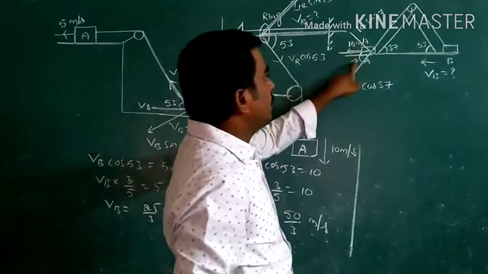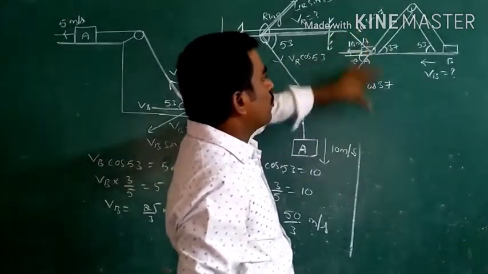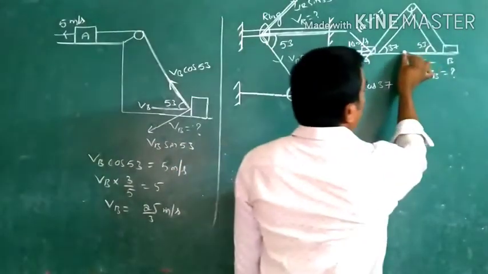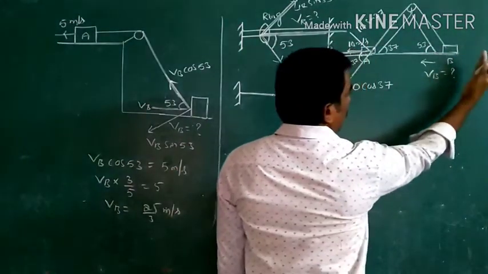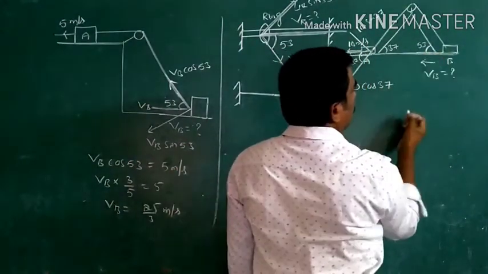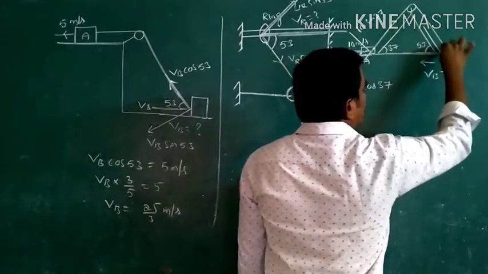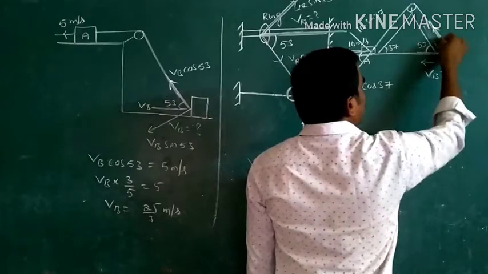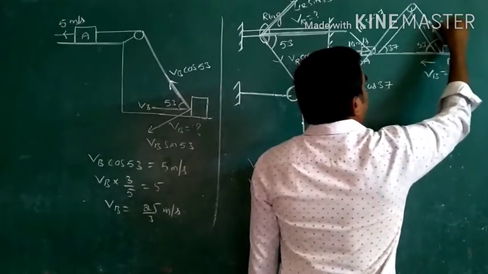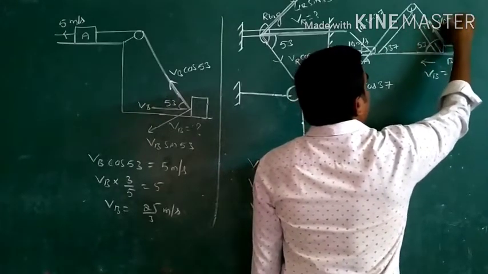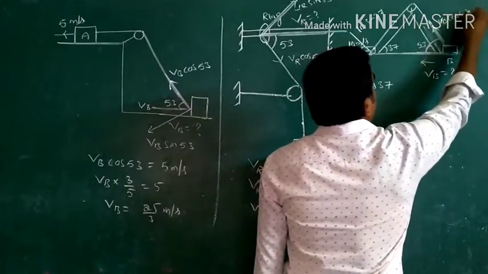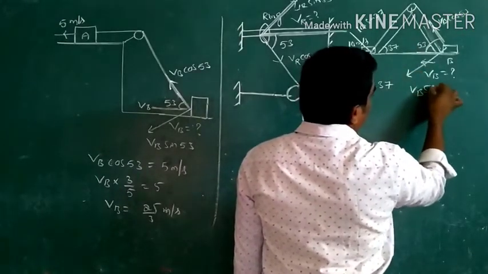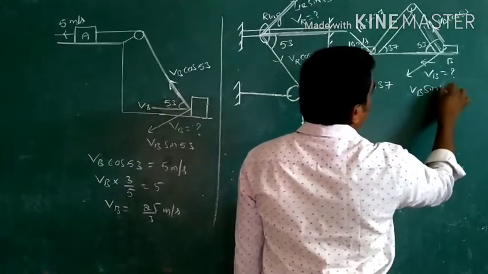Next, the velocity of the block in this direction is VB. This VB also can be resolved along the string as one component, at 53, that is VB cos 53, and there is one more component, VB sin 53.